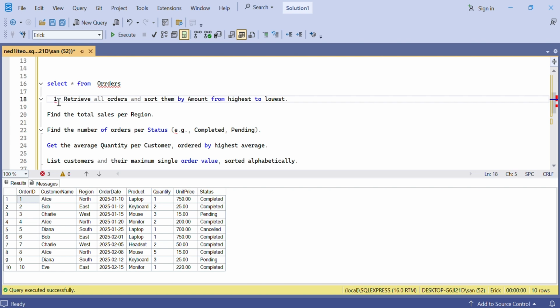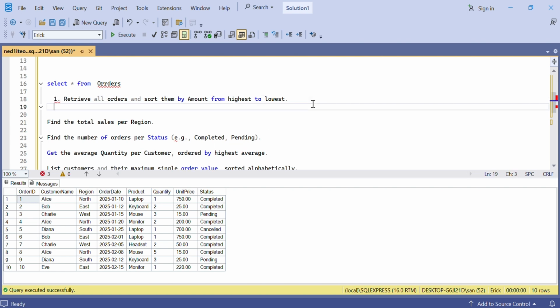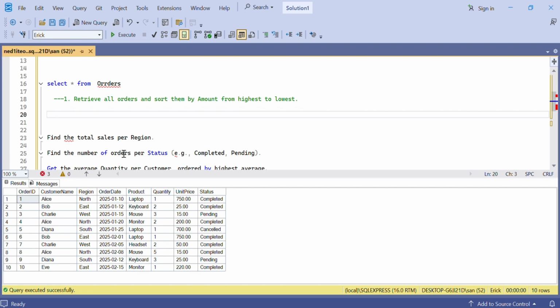Question number 1 asks us to retrieve all orders and sort them by amount from highest to lowest. First of all, we find the amount, and then we sort it from highest to lowest.